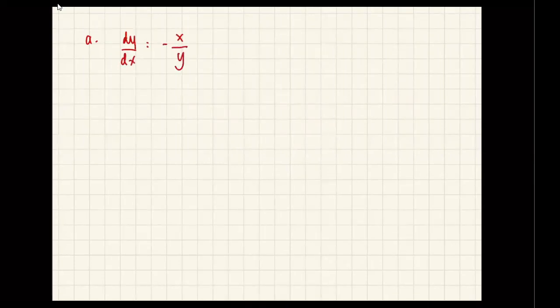Okay? So, separable ba siya o hindi? So, try nyo i-cross multiply. Pag cross multiply siya magiging y dy is equals to negative x dx. So, magkahiwalay yung y variable sa left side, then yung x variable sa right side. So, meaning, this is separable, no?